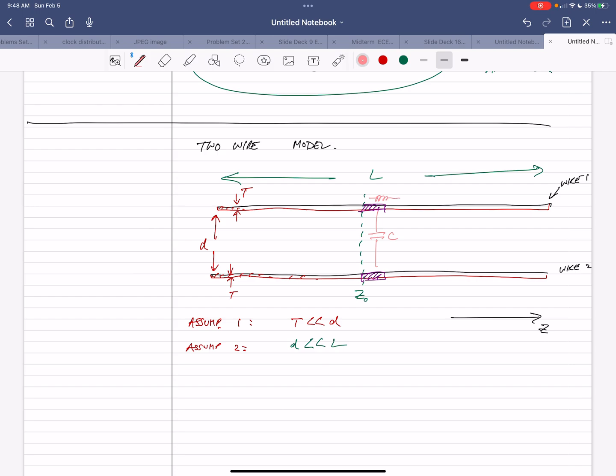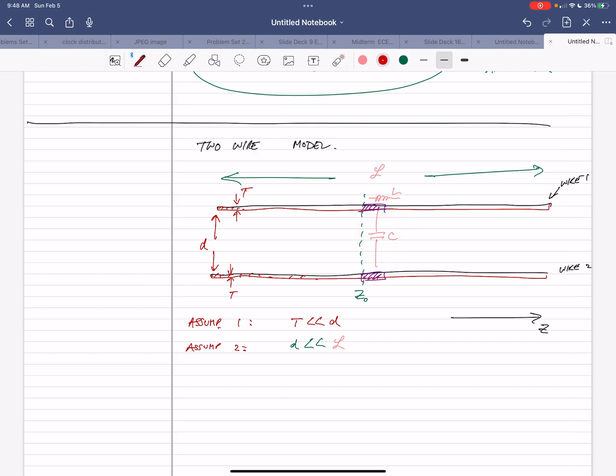So actually, let me change this distance to a squiggly L, so I can call this inductance L. So there's an inductance L associated with this piece, and there's a capacitance associated with this piece.